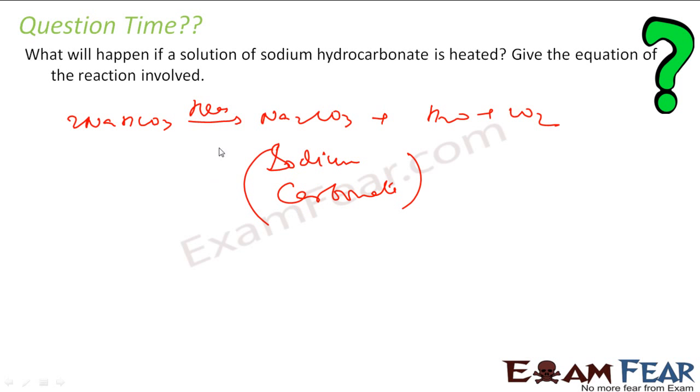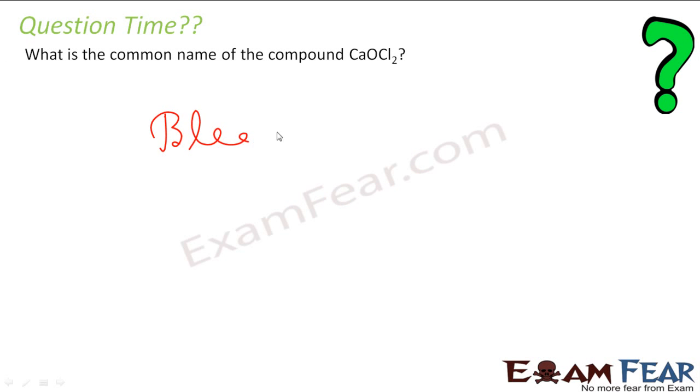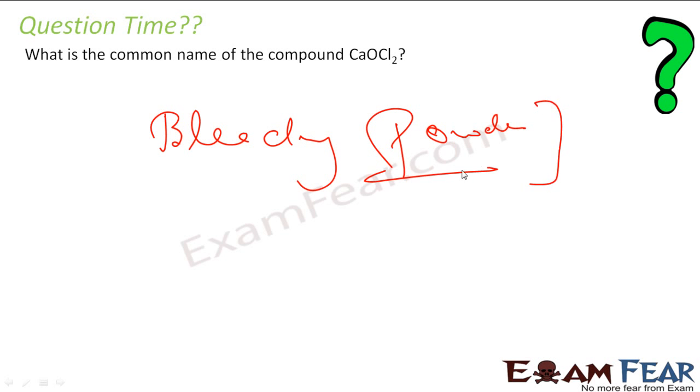So when sodium hydrogen carbonate is heated, it gives sodium carbonate, water and carbon dioxide. What is the common name of the compound CaOCl2? We know that this is nothing but bleaching powder.